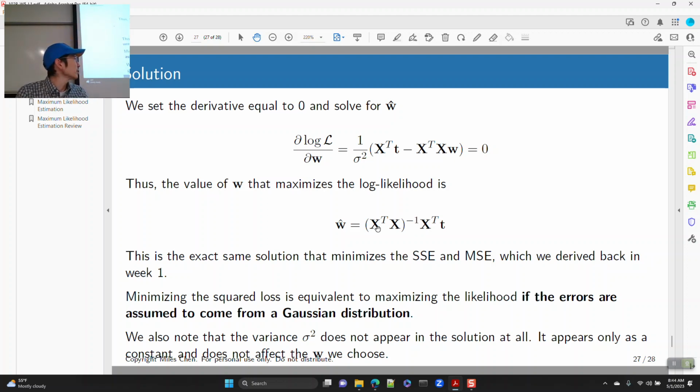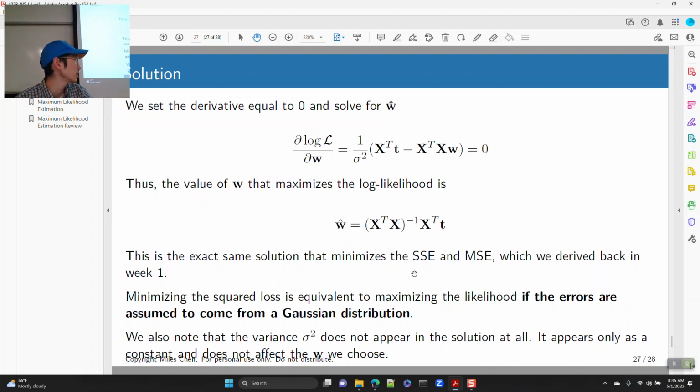So this solution gives the exact same values for w hat that minimized the mean squared error when we did this back in week 1. That points to the fact that minimizing the sum of squared errors, or minimizing your mean squared error, is equivalent to maximizing the likelihood.